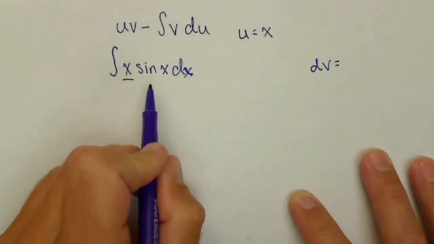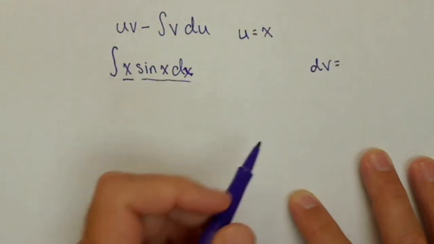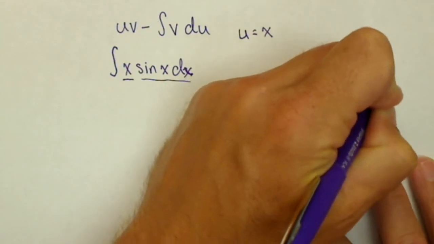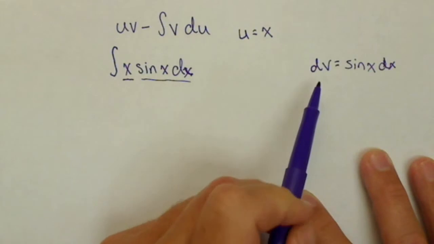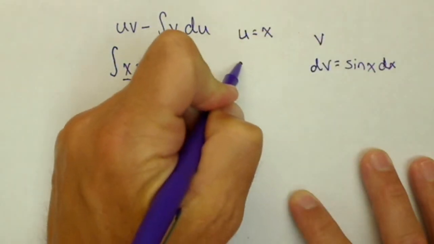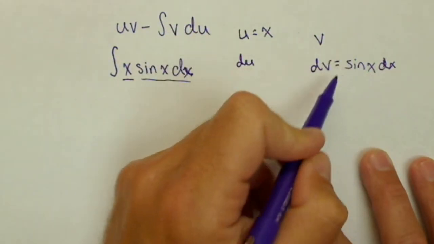If that's all I'm choosing to be my u, then my dv is already chosen for me. It's what's left. Sine of x dx. Now for my dv, kind of a similar type of thinking, because I'm going to use that to calculate my v, I want it to be something that doesn't get more difficult when I take an antiderivative.